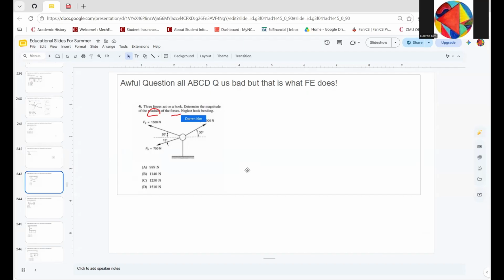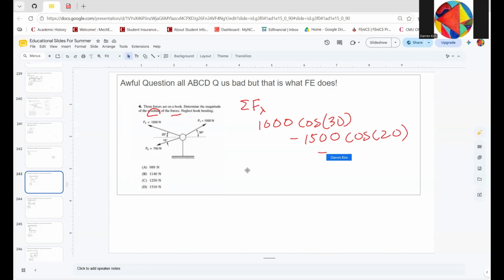Okay, so we need to do a summation of Fx first, which is going to be 1000 cosine 30 minus 1500 cosine 20 minus 750 cosine 15, and that equals negative 1267 newtons. Is that correct? Probably, seeing how it's arranged.